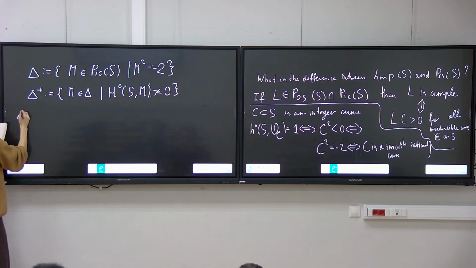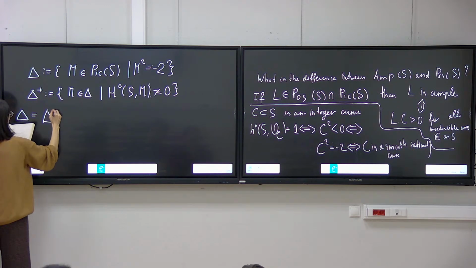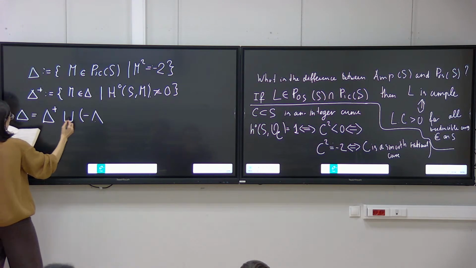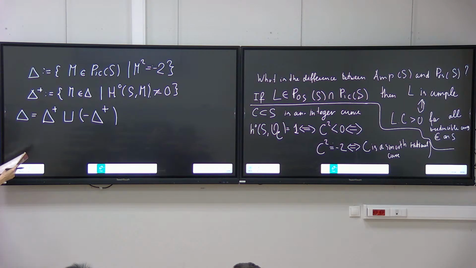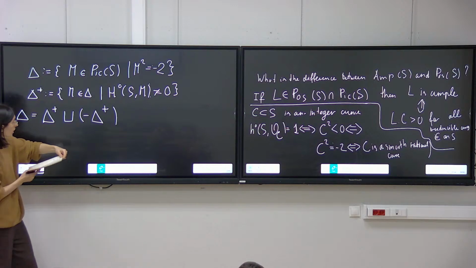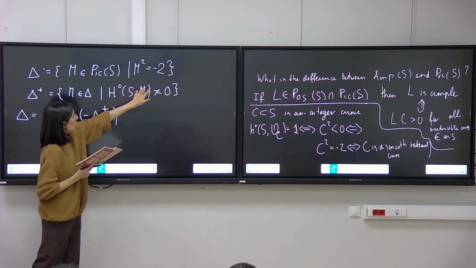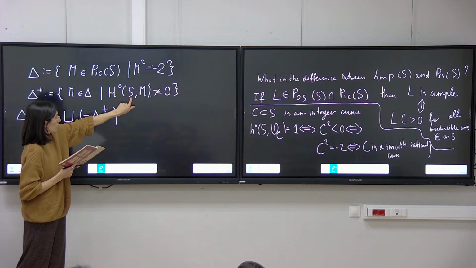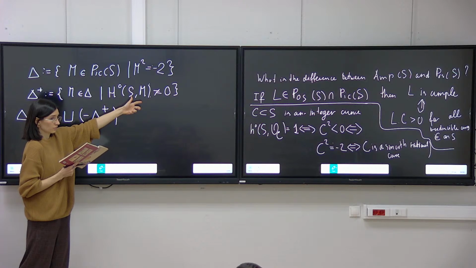So first of all, note that this set can be decomposed as delta plus and minus delta plus. So this is more or less the statement that if we have a class with -2 intersection, then the corresponding bundle or its dual has a global section.